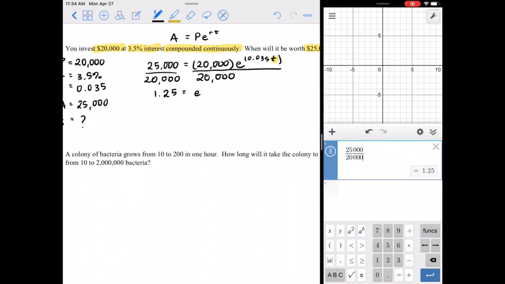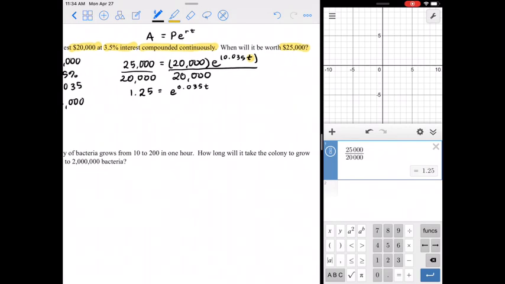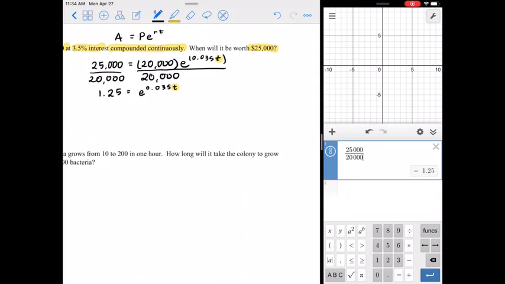And that's equal to E raised to the 0.035 times T. So in order to solve this exponential equation, we need to isolate T, and we can do that by taking the natural log of both sides, because if you remember, the natural log of E is 1.